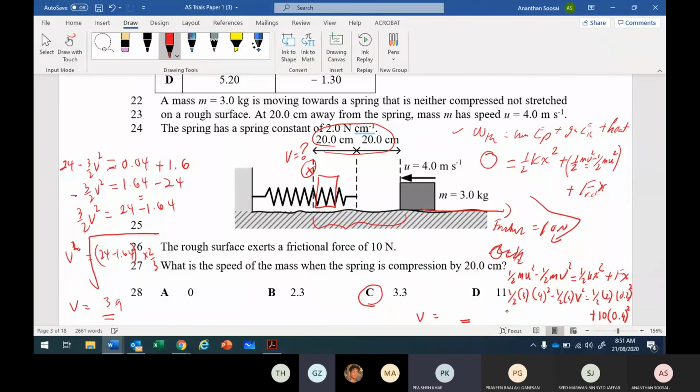So I think 0.4 doesn't need to be squared. Oh yeah, sorry, I made a mistake. 10 times 0.4 is 4. So this should be 4, and 4 plus 0.04 is 4.04.